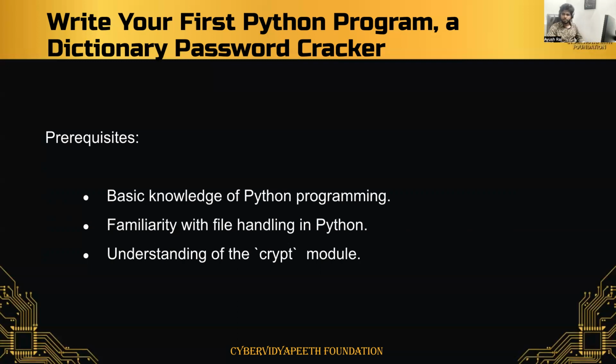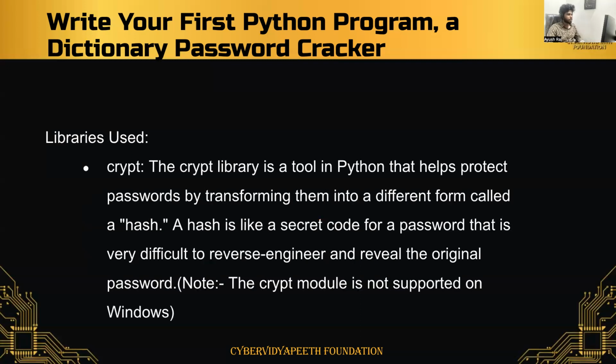Here I am using the crypt library. Familiarity with file handling in Python is also a prerequisite, and I have discussed it. So I think you are clear now about how to read a text file. Crypt is a library similar to hashlib.